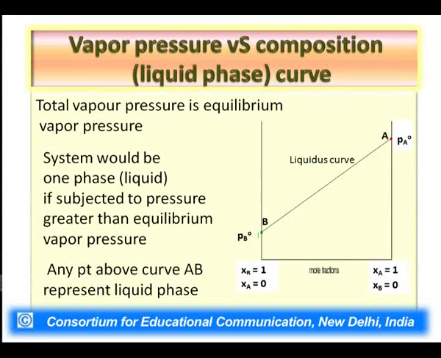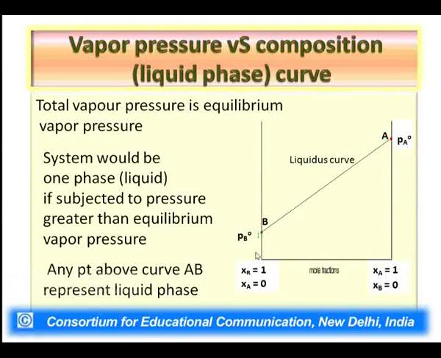If you exert a pressure on this solution greater than this point, then your overall state point of the system will move above this curve AB. That point could be this point, this point, or any other point above curve AB. In that situation there will be only stability of the liquid phase in the system.